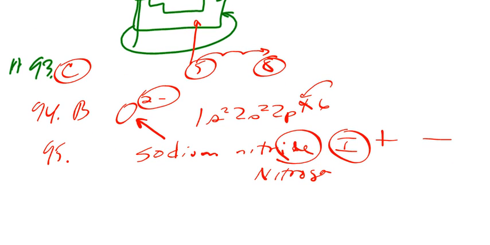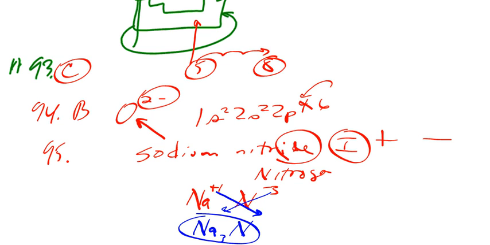We're going to get sodium with its +1 charge, nitrogen with a -3. When you cross them over, we get Na with a 3 and N with a 1, and you don't need to show the 1. That'll be your formula. So number 95, the answer is C.